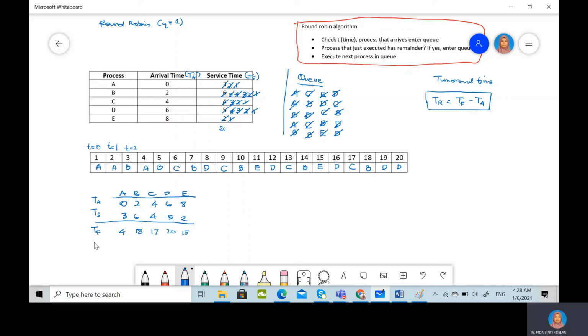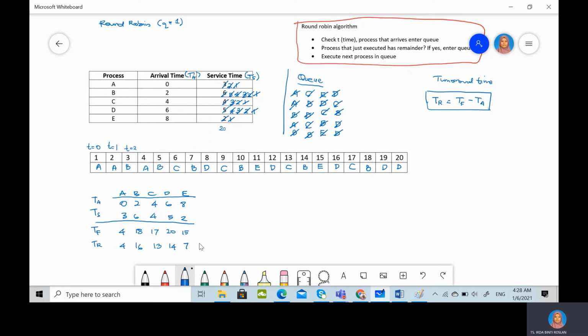To get the turnaround time, finish time minus arrival time. So 4 minus 0 is 4. 18 minus 2, you get 16. 17 minus 4, you get 13. 20 minus 6, 14. 15 minus 8, 7. So we already get the turnaround time.